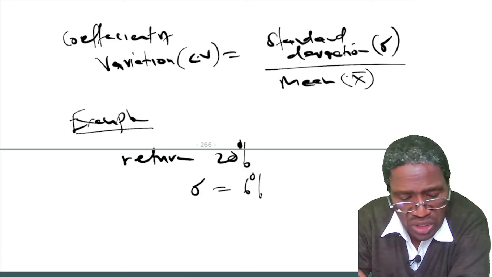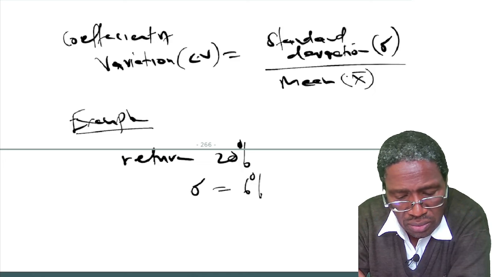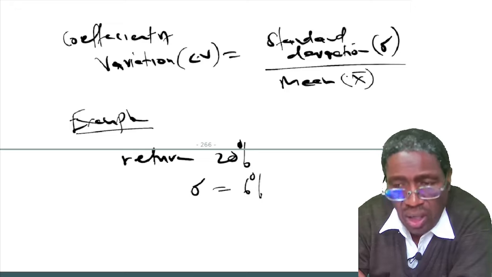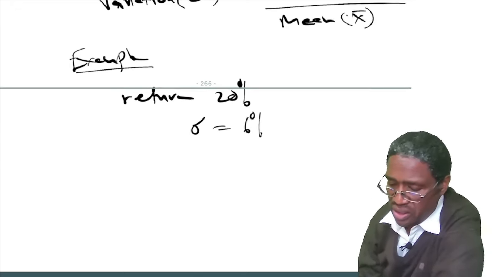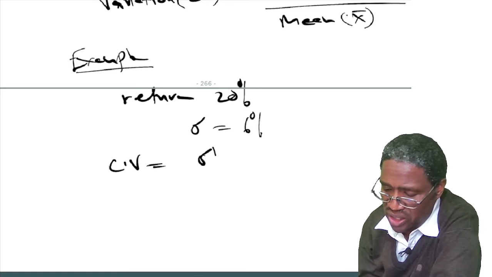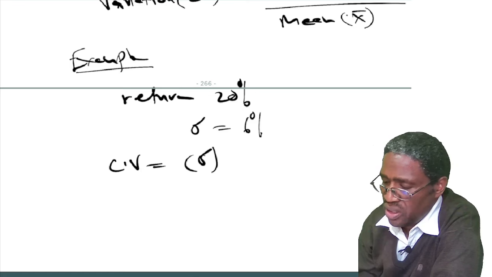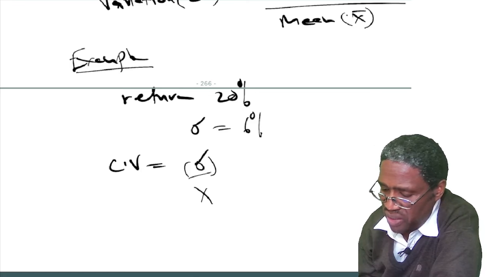This is simple. Let's now calculate it. Your coefficient of variation is equal to standard deviation, theta, divided by mean x bar.